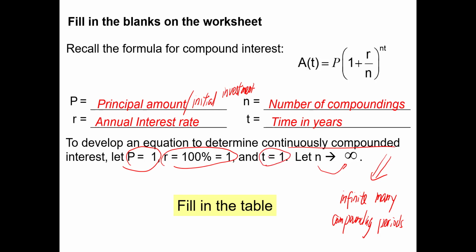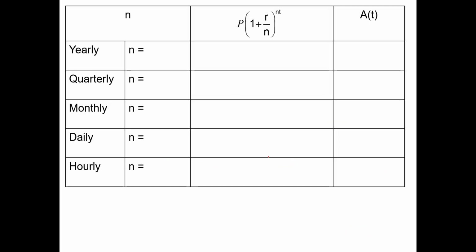Okay, so let's fill in the table first. Here, compounding yearly, so P is 1, rate is 100%, and time t equal to 1.